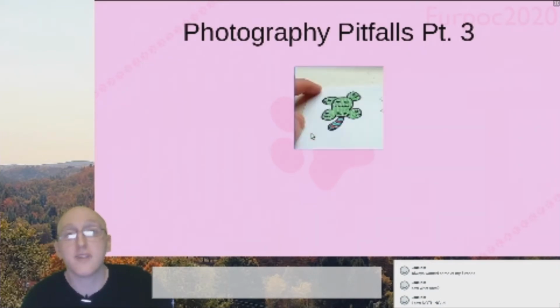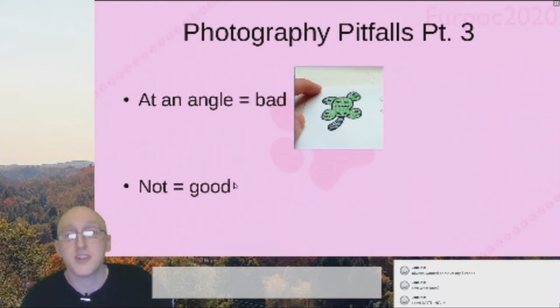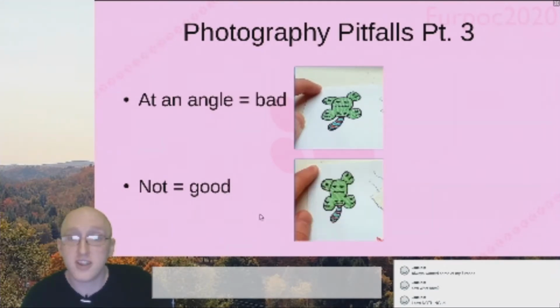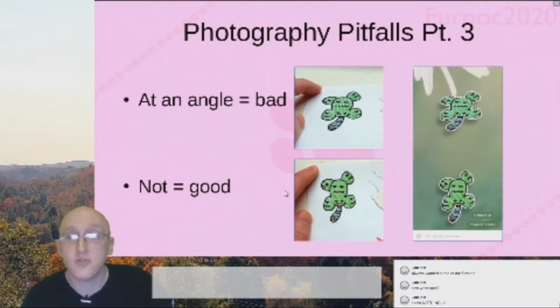Next, more pitfalls. There are a lot of pitfalls. Don't photograph it at an angle. Just don't. You really want to photograph it from straight on, from straight over top, because if you use an image like this, it's going to show up on your sticker and it's going to look smooshed.